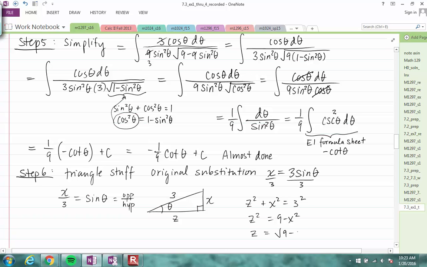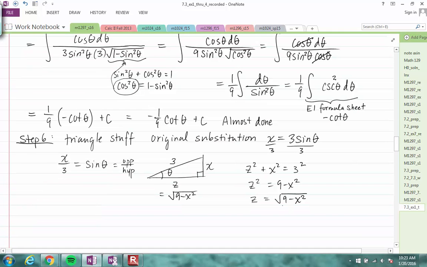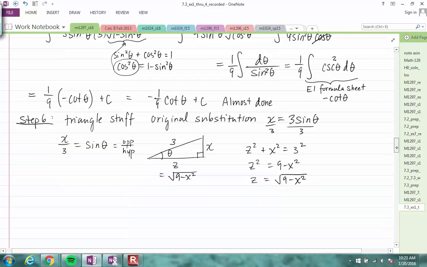Whatever you need to do. But what that missing edge is, is square root of 9 minus x squared. It happens to also correspond with the original form that you started with. Those are always the same. Anyway, probably just best do it here.